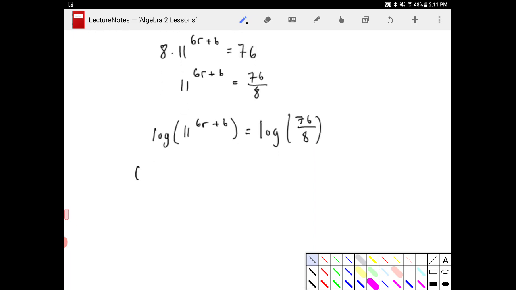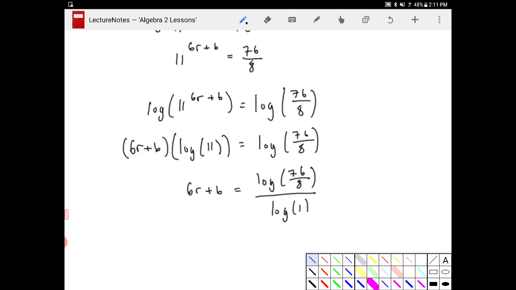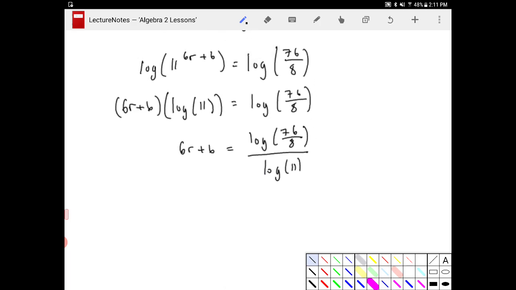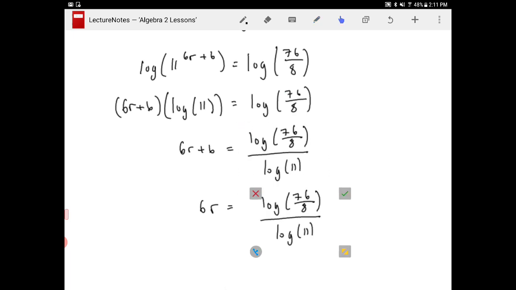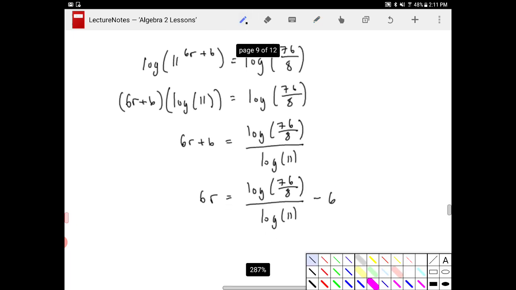Log of 11 to the power 6r plus 6 is equal to log of 76 over 8. Apply the power rule. This becomes 6r plus 6, quantity, log of 11 is equal to log of 76 over 8. Divide both sides by log 11. I end up with 6r plus 6 is equal to log of 76 over 8, over log of 11. And subtract 6 and divide by 6. So 6r is equal to this whole thing minus 6.